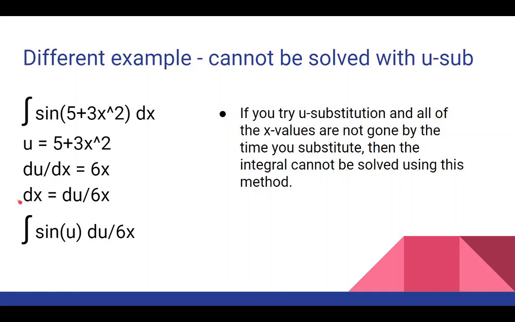But when you plug this dx back in here, you're left with sine of u and then du over 6x. And because we still have an x value and there's nothing else you can substitute u for, this integral is not able to be solved with this method.